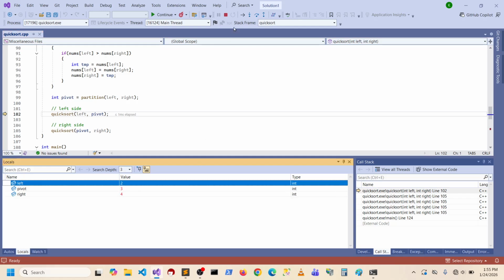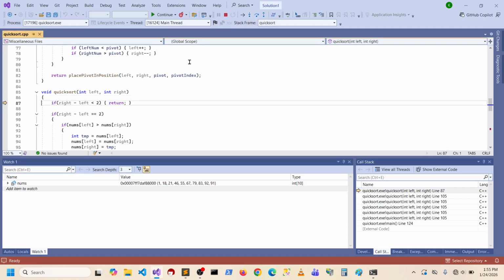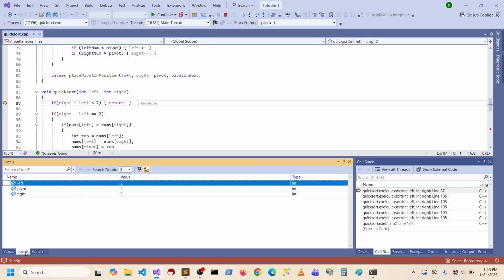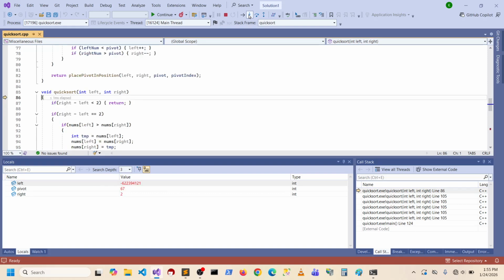So pivot is 3. Which is here. Left again. Turn. Quicksort on right. 3, 4.